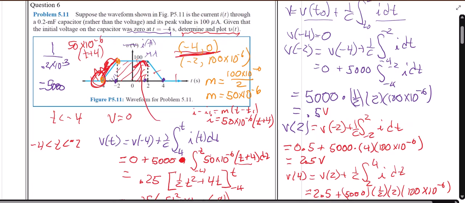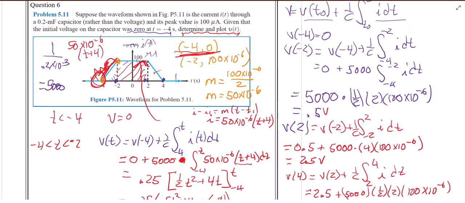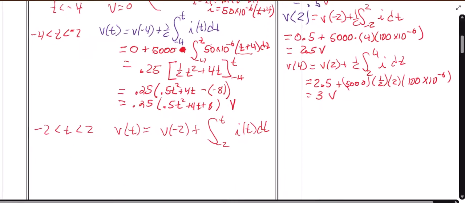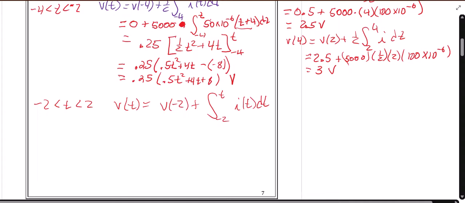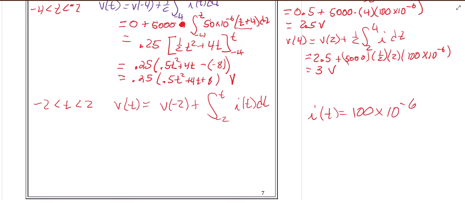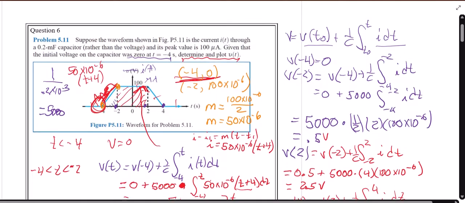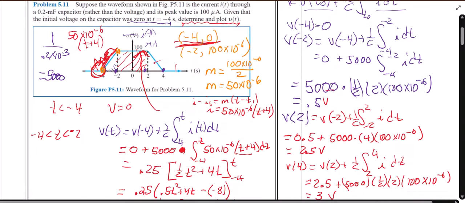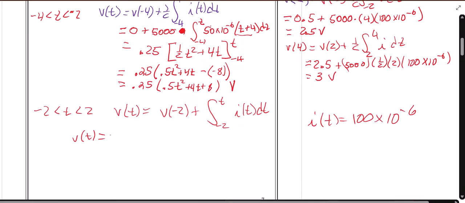Well, that's just a straight horizontal line, I equals 100 milliamps. So I of t at that point is just 100 times 10 to the -6. So v of t becomes v of -2, which we calculated up here as 0.5 volts.